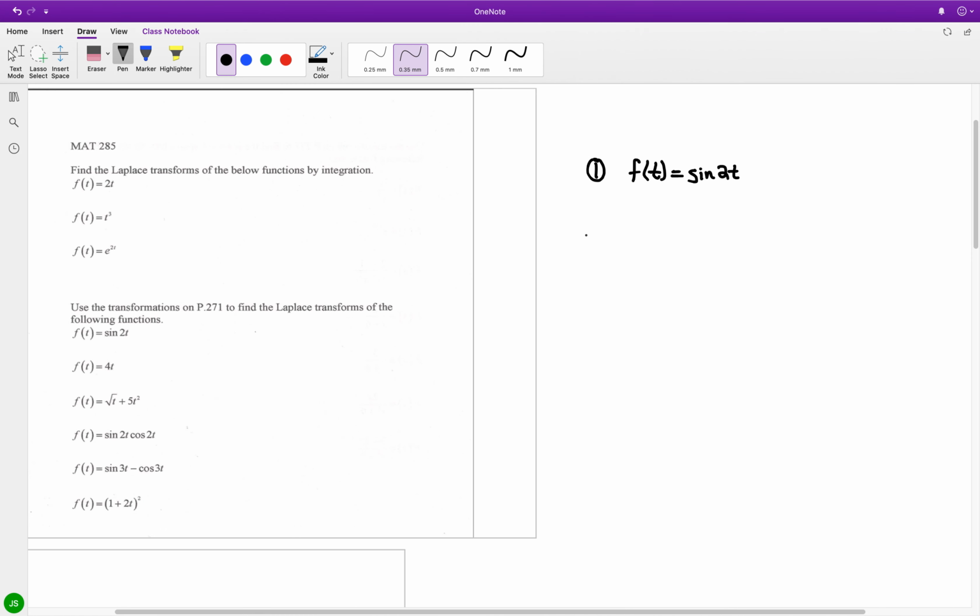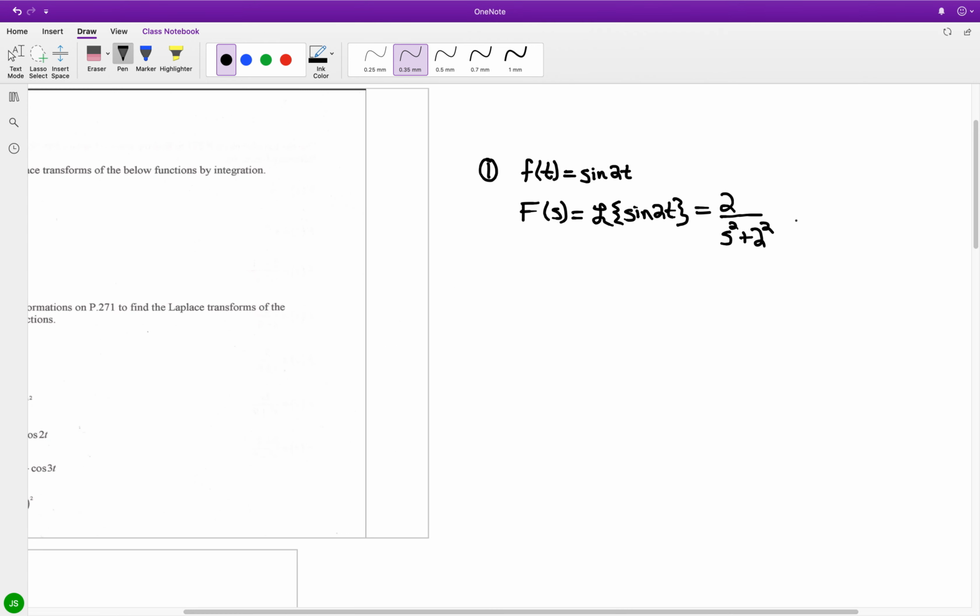And so from the table, the Laplace transform of the sine of 2t, we'll end up with 2 over s squared plus 4.